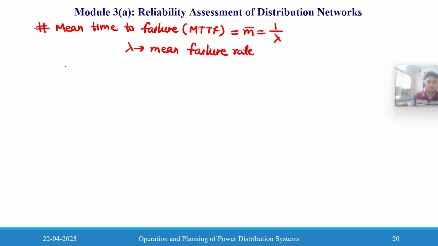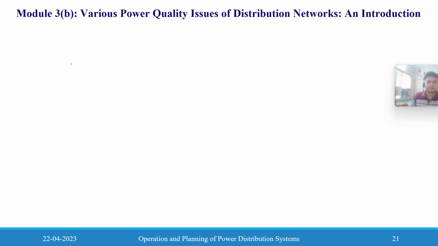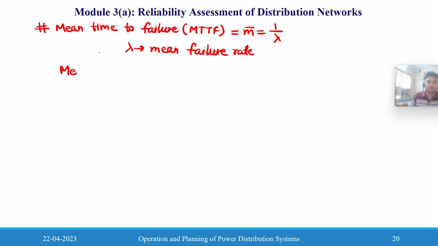And then mean time to repair, MTTR, it is denoted as r bar, 1 divided by mu.